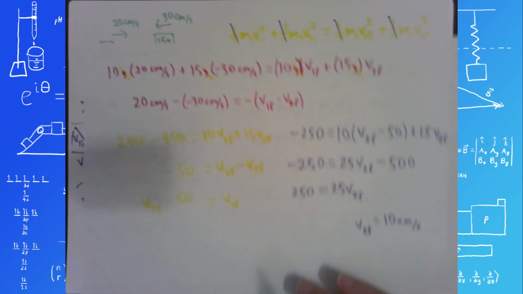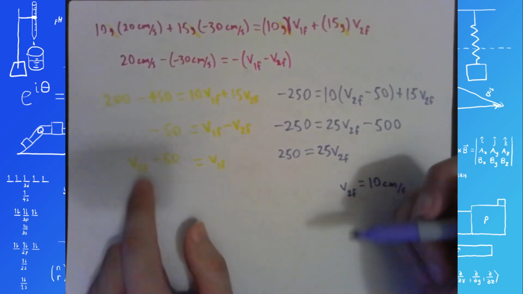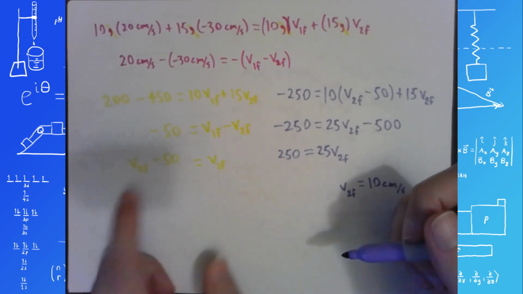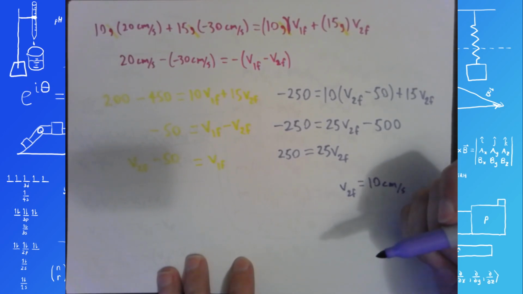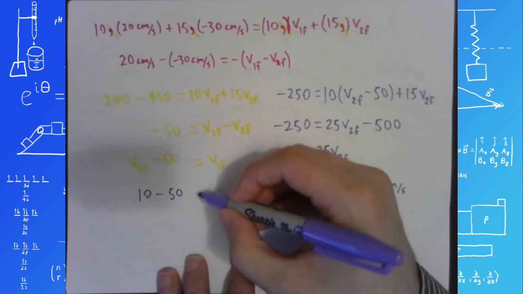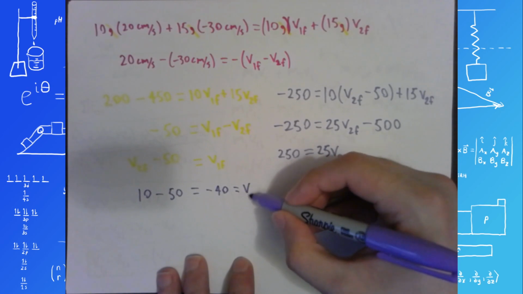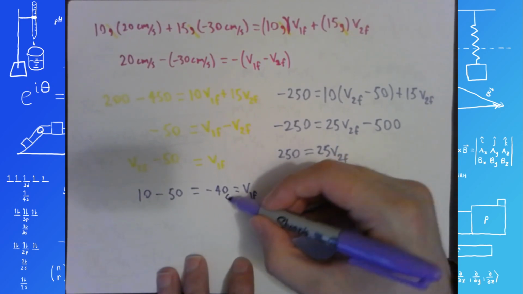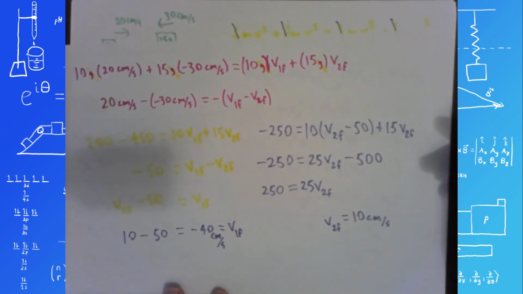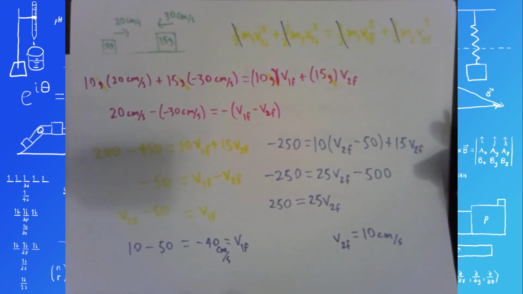Now let's see if we get something that makes sense for the 10 gram block. So if I just plug back into here, 10 centimeters per second minus 50 centimeters per second, that just gives me negative 40 centimeters per second. Does it make sense for the lighter block to be bounced back to the left? Yeah, that makes sense to me.